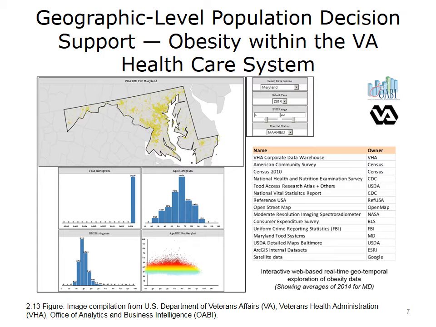There's also, off to the right of this graphic, the various types of data that CPHIT's linking in. It shows that they're bringing in census data, data from the Centers for Disease Control, the USDA, which monitors food, even NASA, which monitors geography from satellites that lets you see if there's green space.